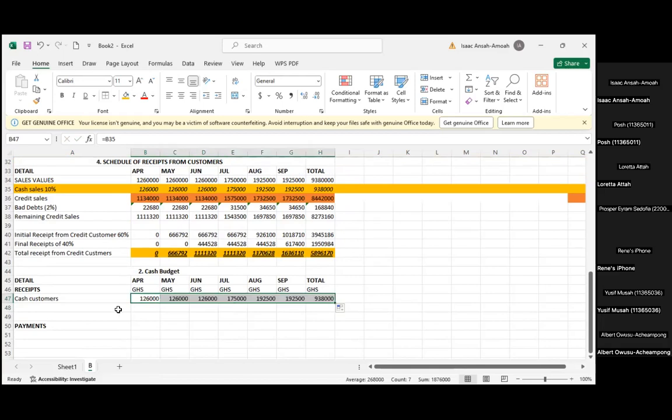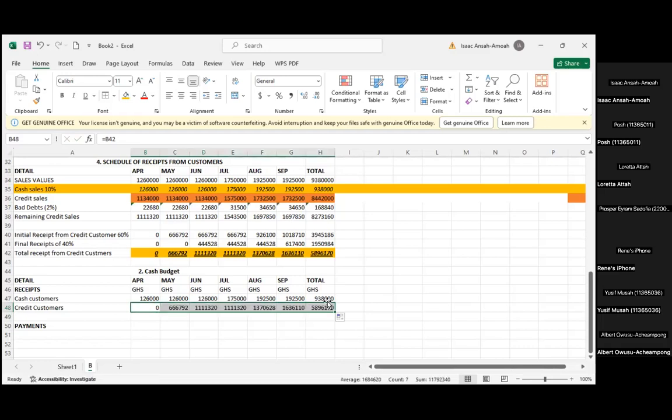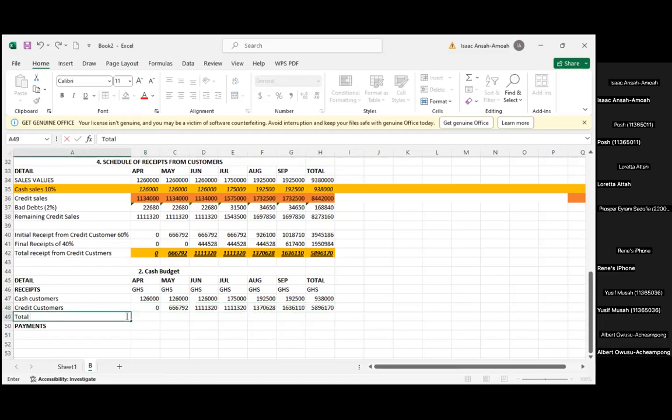Then again, I report the receipt from credit customers. And that would also be equal to these figures. So I can compute my total receipts.